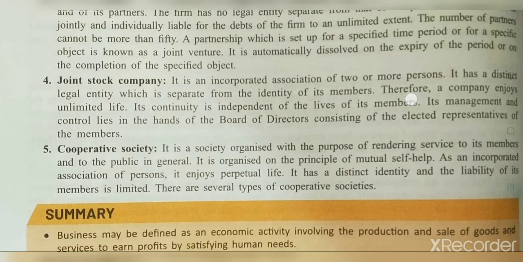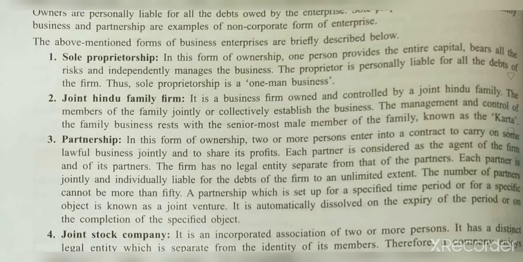Compared to the cooperative, in solo proprietorship we have only a single owner, and his decision is final. He is the head of that particular business enterprise, right? So that comes under non-corporate.